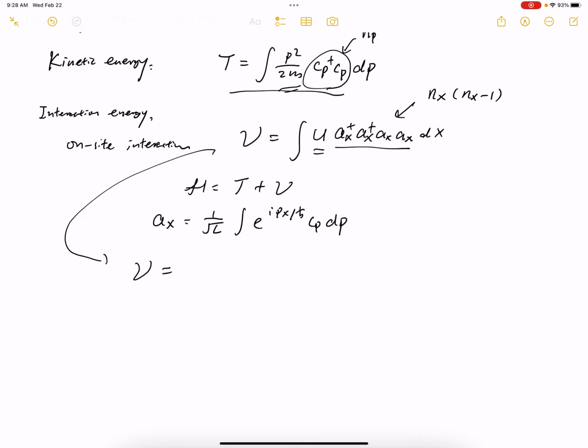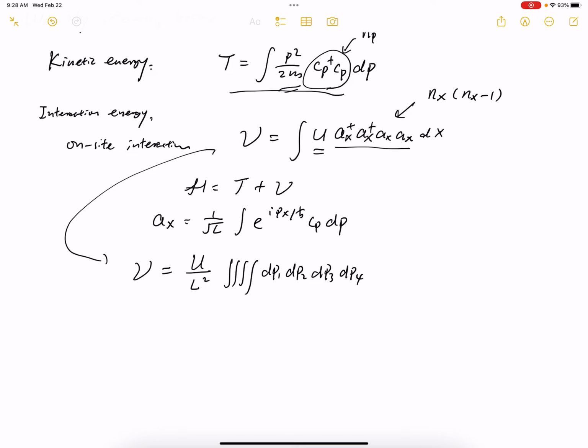So this is going to have a U over L squared, and then four integrals, which I can call dp1, dp2, dp3, dp4. Again, the reason we have four p's is that each of the A_x's introduces an integration over some p, and that p is a dummy variable, so we just call them p1, p2, p3, p4.